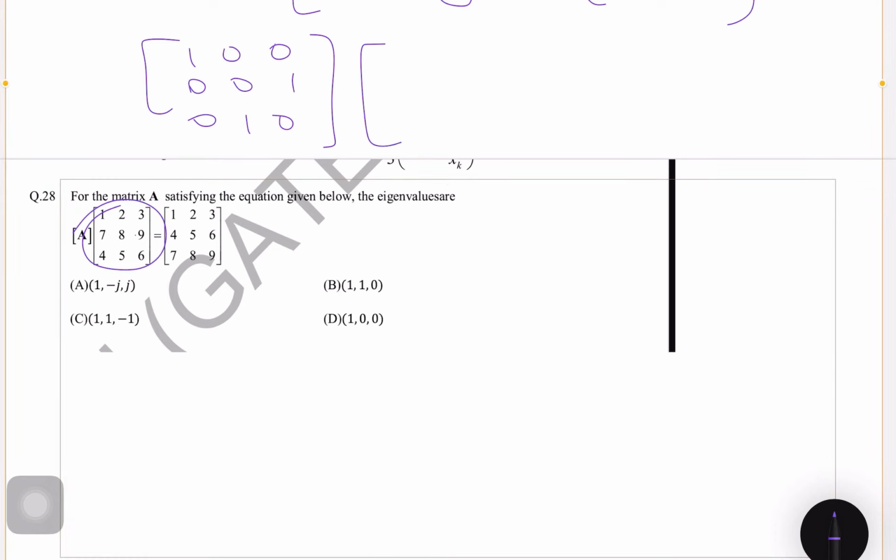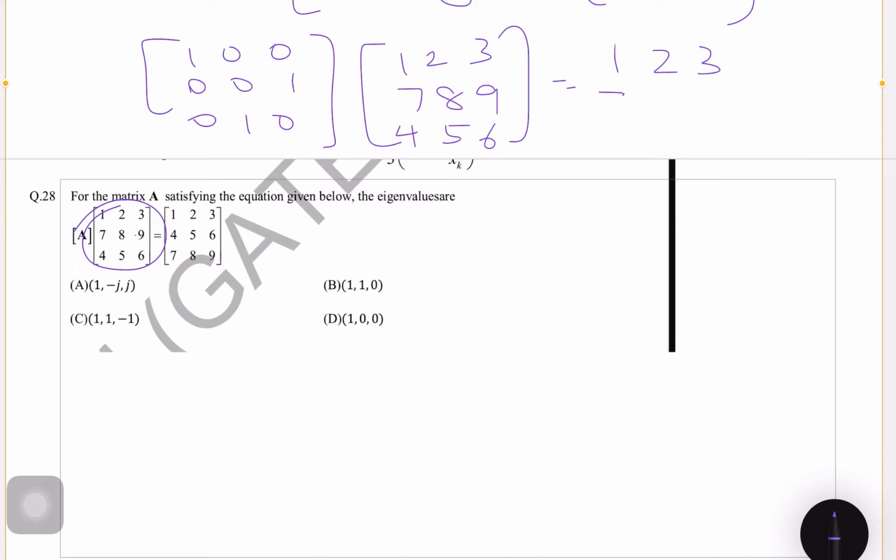So let's just multiply this. Let's just check what we get. Okay, so my first row will be 1 and rest all is 0. It will be 2 and 3. Now second row will be 0 0 1. That means 0 plus 0 plus 7, right?